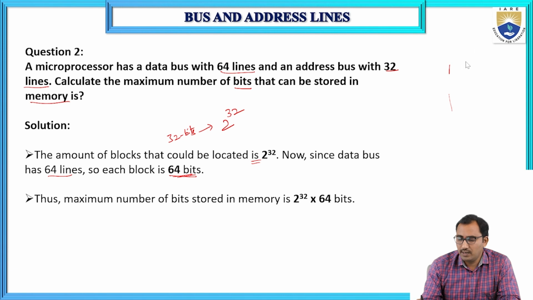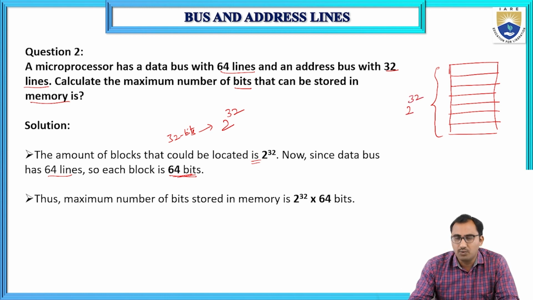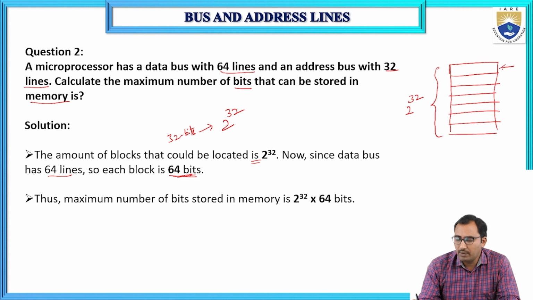See here, the memory will be like this. It is divided into several memory locations. In total these memory locations are 2 power 32, and this is one memory location.